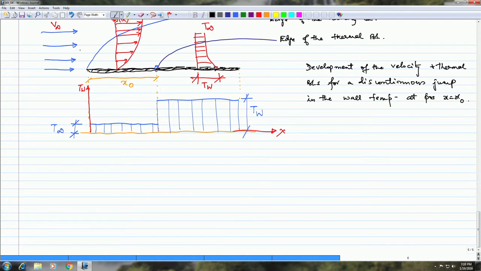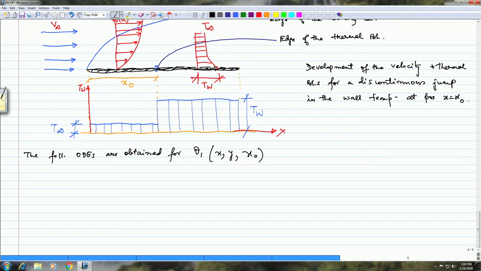Then the following ODEs are obtained for theta 1, which varies as x and y, and also where it starts, of course.